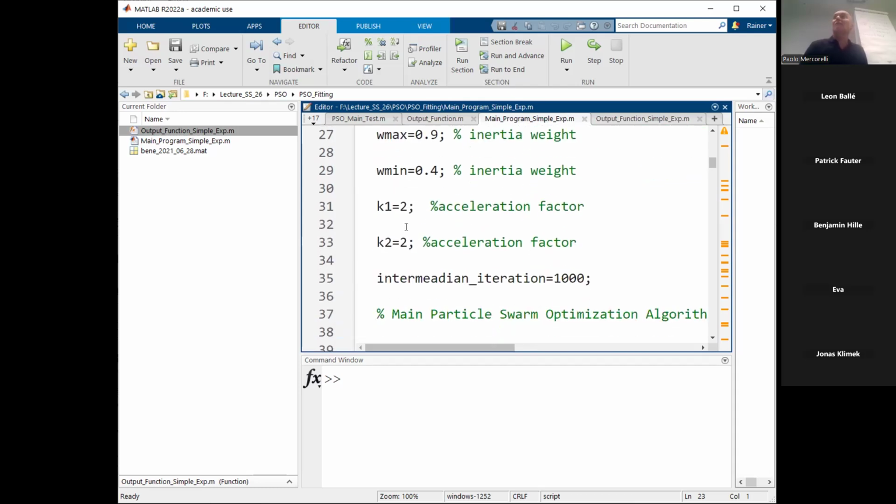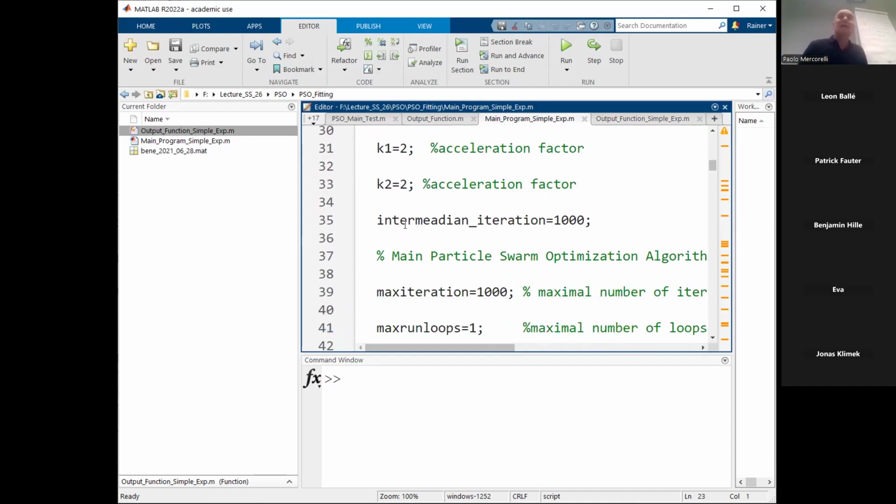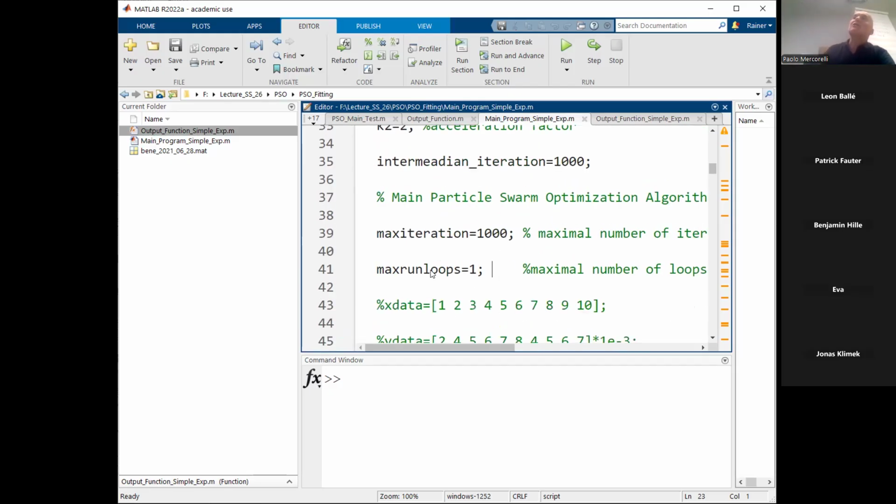Max, mean of W, which is again also here the representation, the weights of the vector which considered the velocity, but we can see maximum iteration 1000. We are considering just one swarm.